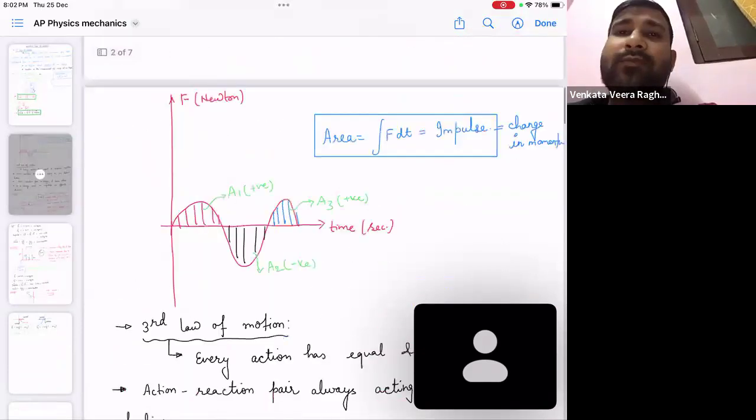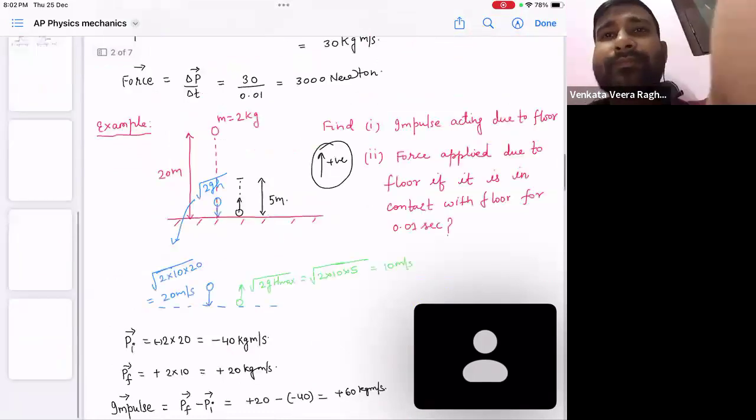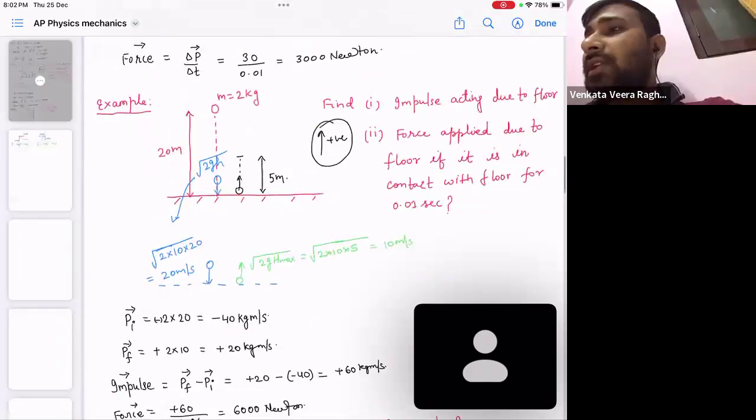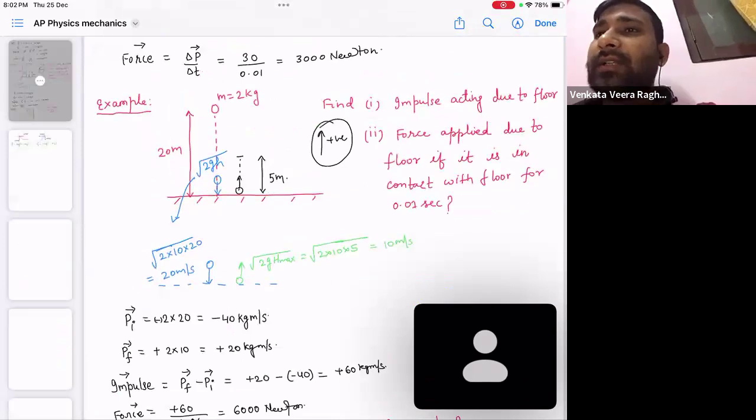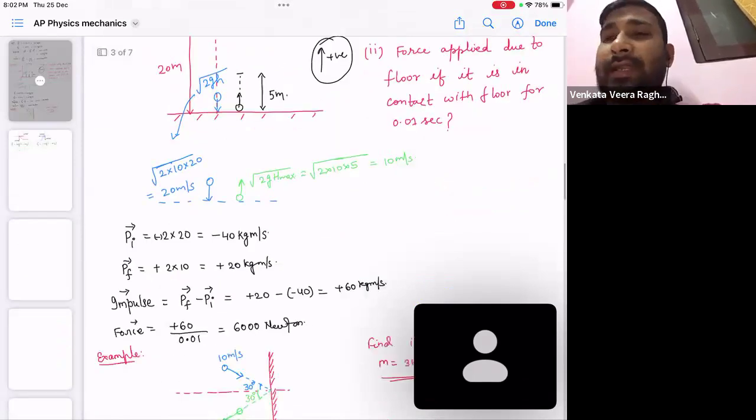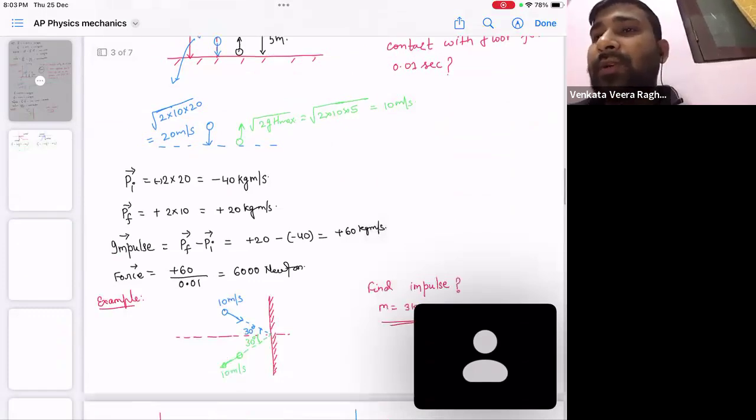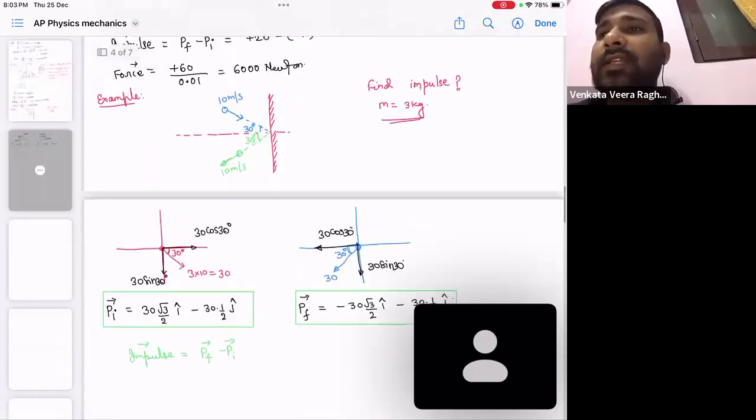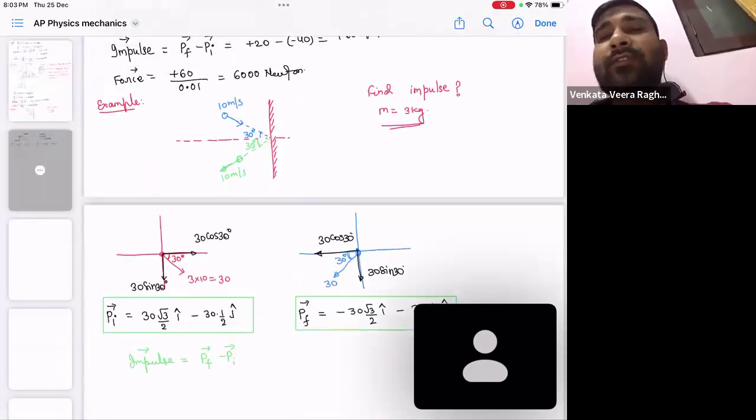If they are asking the force, we will find the change in momentum divided by the time taken for that change in momentum. And if they are asking the impulse, then only the change in momentum is enough, because impulse is the change in momentum of the particle.